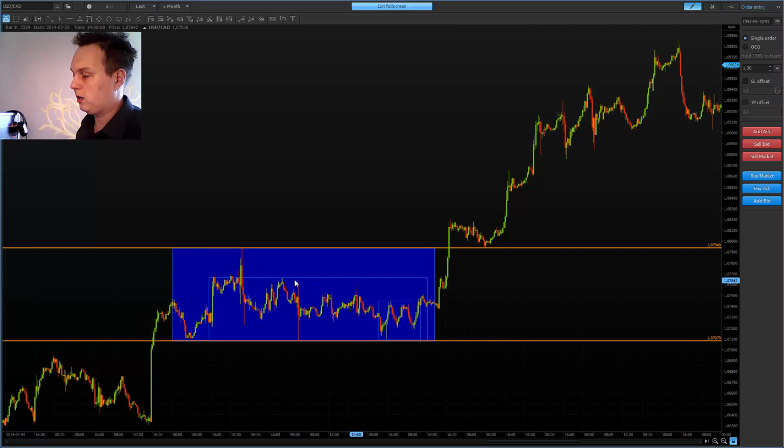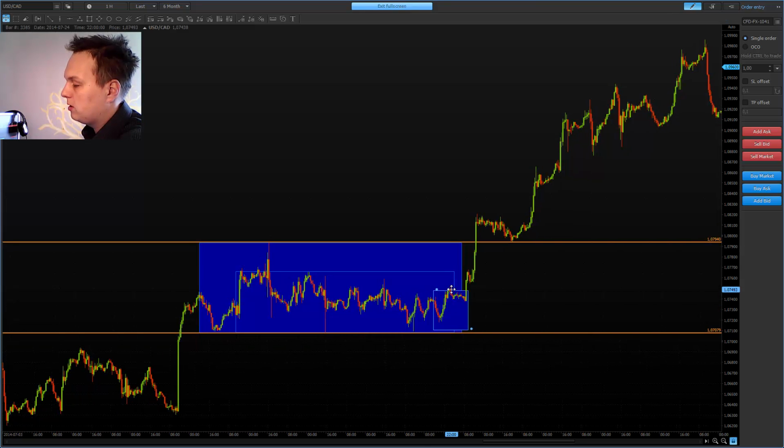We could mark it like that, and the other extreme level. So for a demand zone it will be the bottom line, for a supply zone it will be the top line, and some traders may draw an even smaller zone, taking the most recent zone from the bottom in this case, because we have a demand zone here.